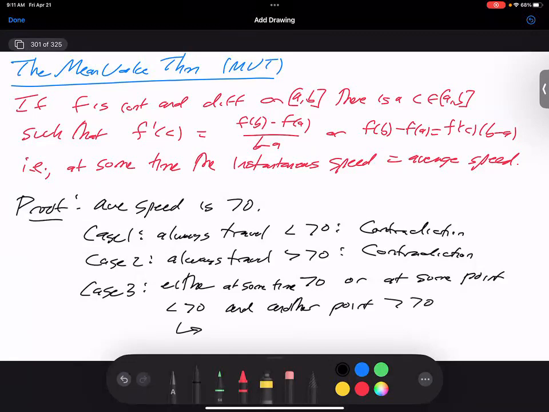Well, if at some time we're 70, have we found a time where the average speed is the instantaneous speed? Yes. So really the only thing we have to worry about is we can't be traveling 70 ever. We're not always less than 70, we're not always greater than 70. So at some point in time, we're less than 70, at another point in time, we're greater than 70. How do we now finish the proof? What do we use?